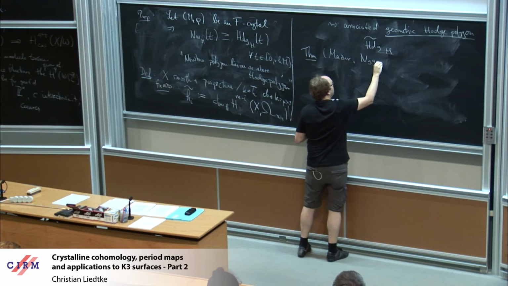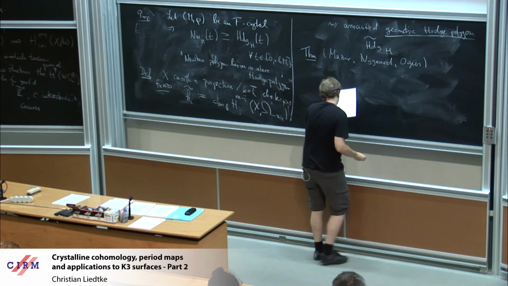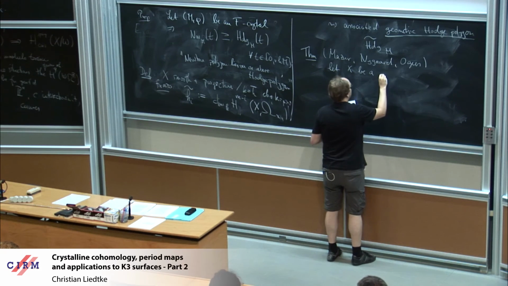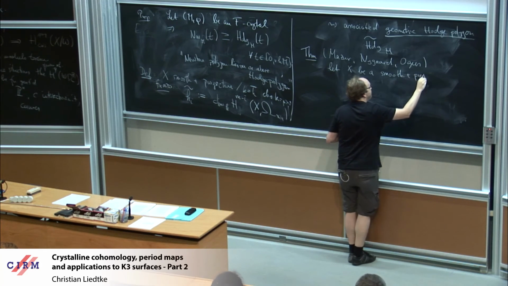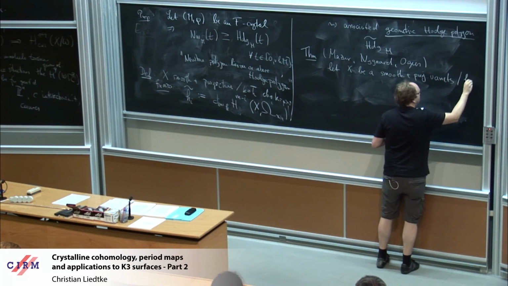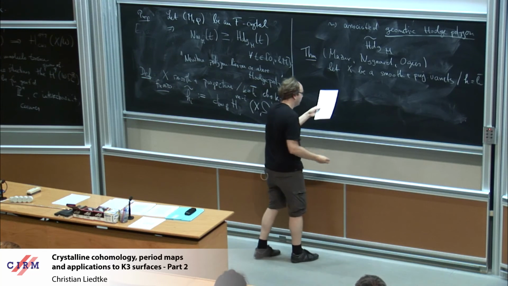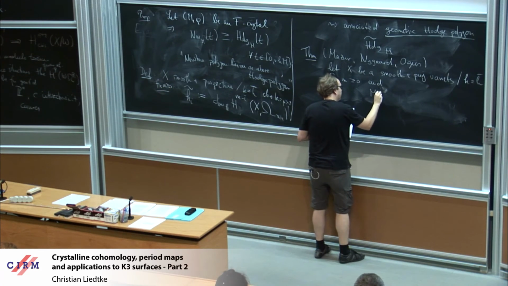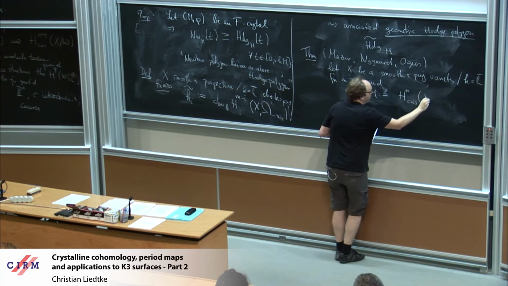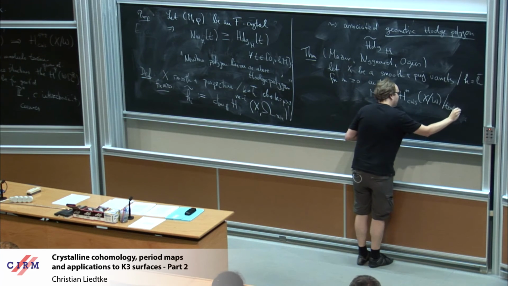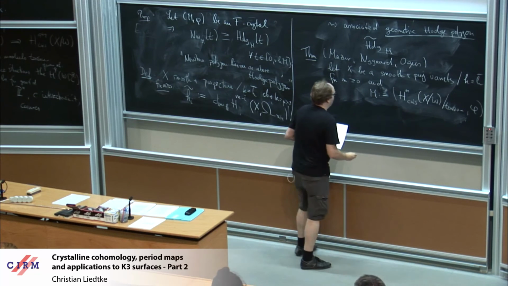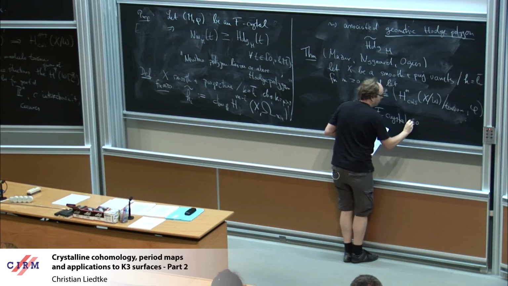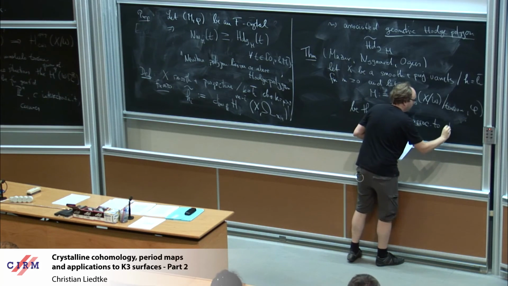Mazur, Nygaard, Ogus, it says that let X be a smooth and projective variety over an algebraically closed field of characteristic p, fix m, and let M be H^m crystalline mod out torsion, and let the polygons be associated to H^m crystalline.